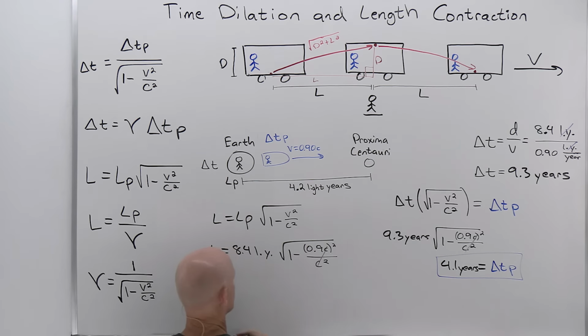Again, the c's are going to cancel and we're left with the square root of 1 minus 0.9 squared. So that's 8.4 times the square root, parentheses, 1 minus 0.90 squared, close parentheses. Oh, I erred my syntax. Let's see what I did wrong. I put a comma in the middle somehow. We'll delete that and try it again. 3.7 light years.